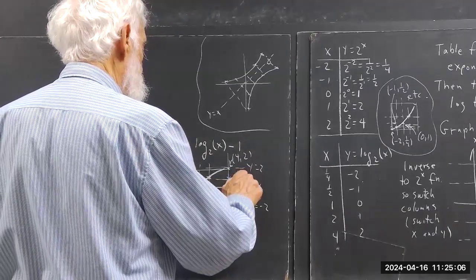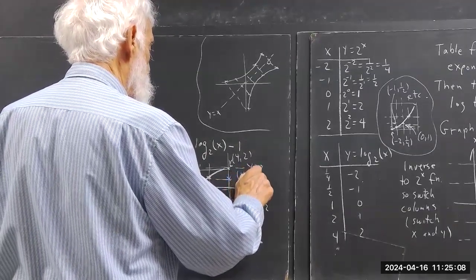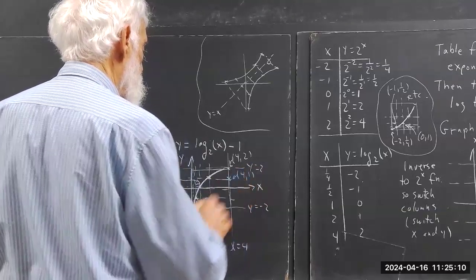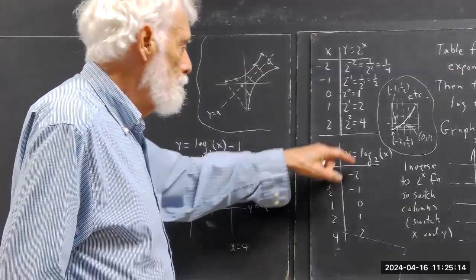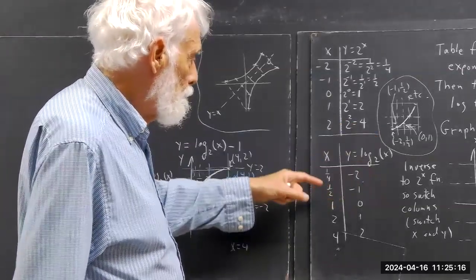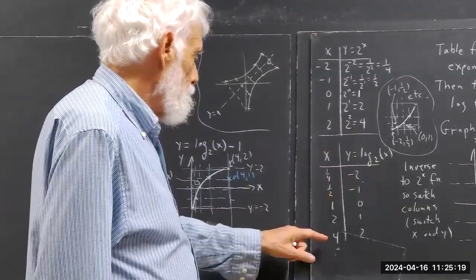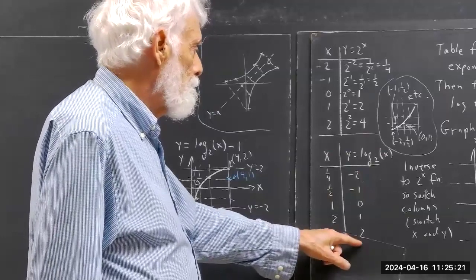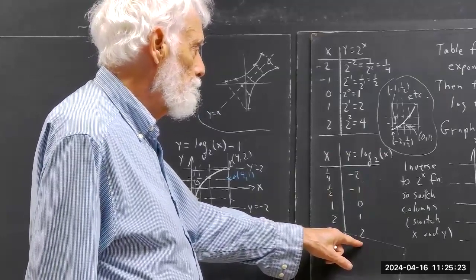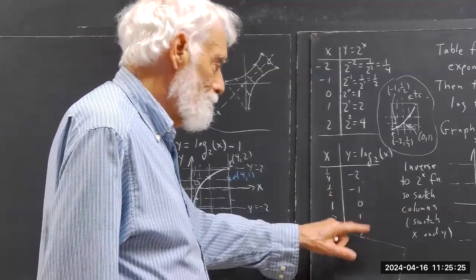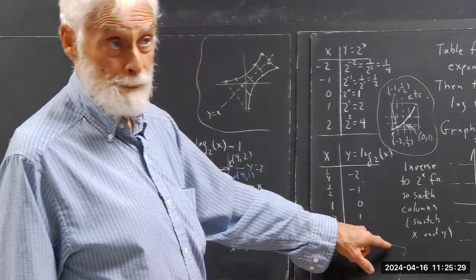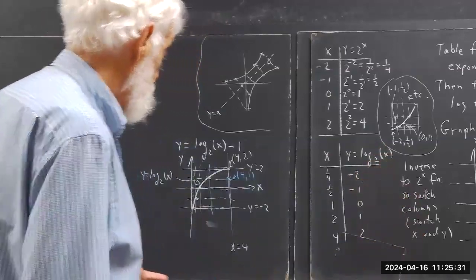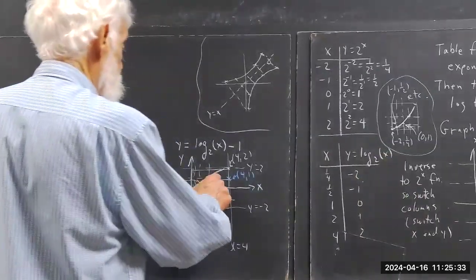So this is going to be the point 4, 1. And if I look at my table, I do log base 2 of x minus 1 when x is 4, y is 2, so log base 2 of x is 2, so log base 2 of x minus 1 is going to be 1. Does that make sense? And that's my point.